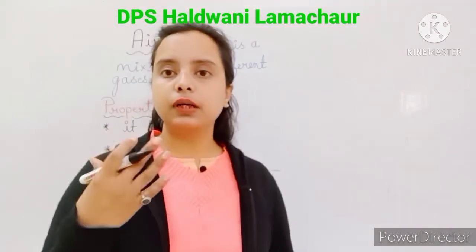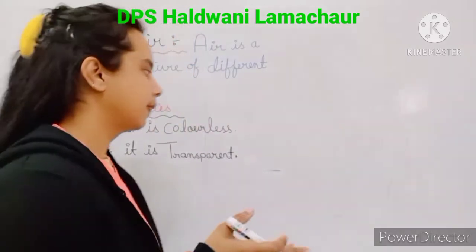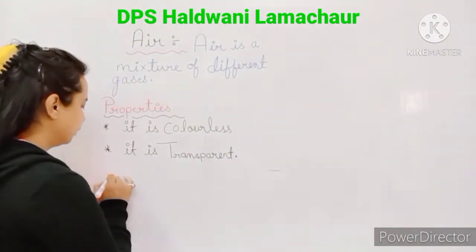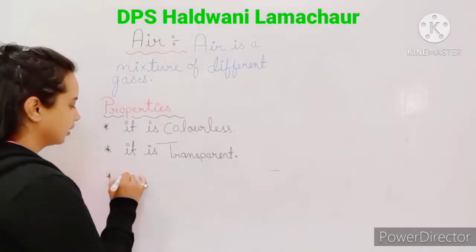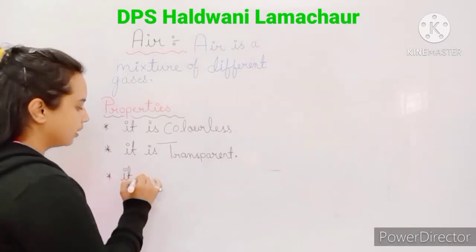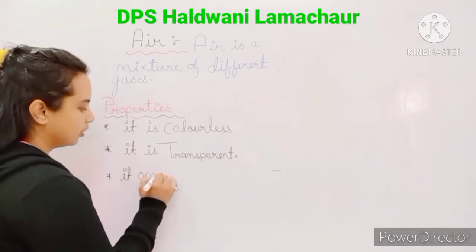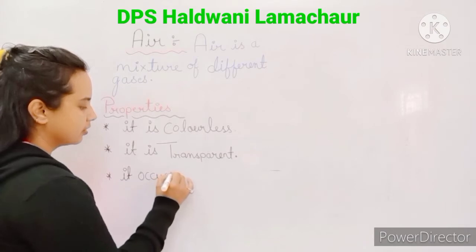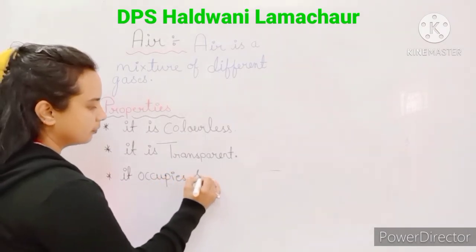We can see through the air, so it is transparent. Now, the third property is it occupies space.